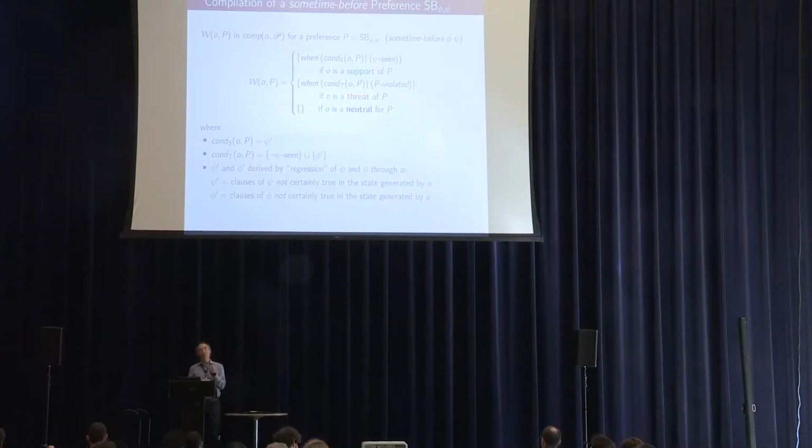In the first case, we record the fact that we have seen phi true with this fluent phi seen. And in the second case, we record the fact that we have violated the preference with this fluent P violated. The conditions of the conditional effects can be obtained by regressing the formula that we want to be true at the end of the operator through the operator.